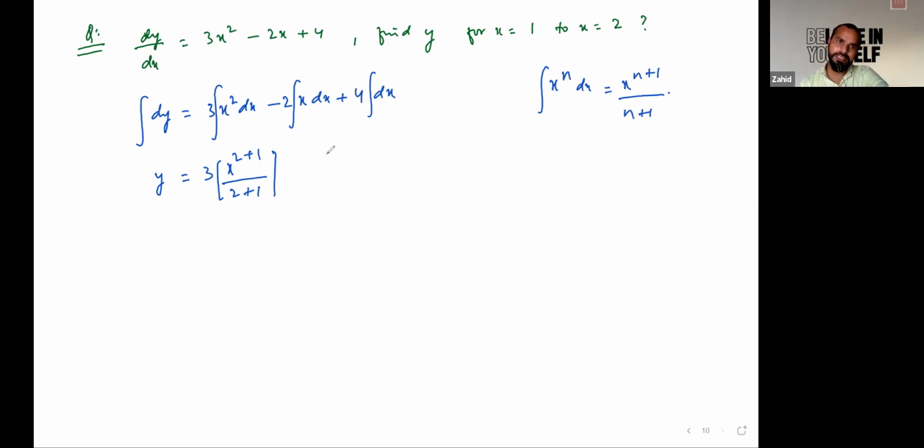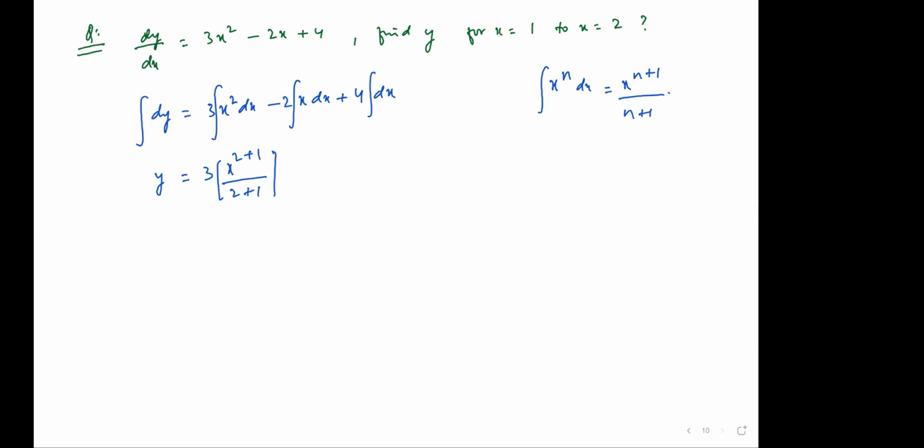First, try to integrate each segment and then start putting the limit. Hamza, have we done the integration part? Yes, sir.